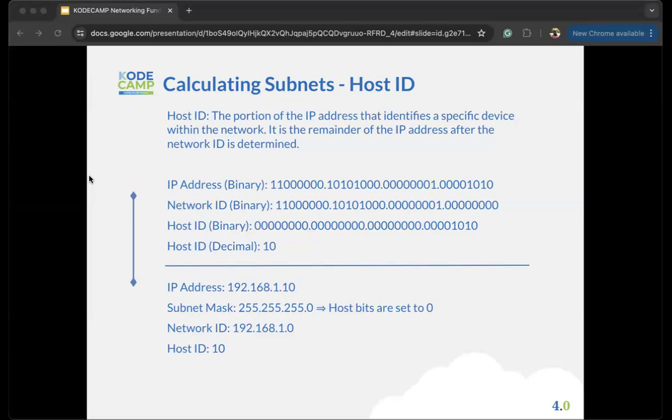Okay, so we have this IP address again. Say the IP address is 192.168.1.10, and you have your subnet mask, which is 255.255.255.0, and you have the host bits set to 0. That's the last octet there. Then you know that your host ID is 10 within the network of 192.168.1.0.